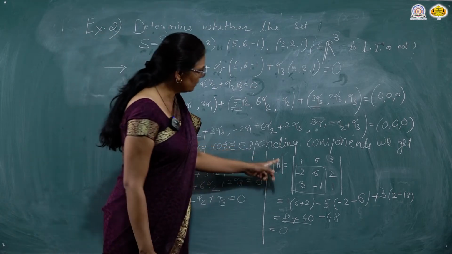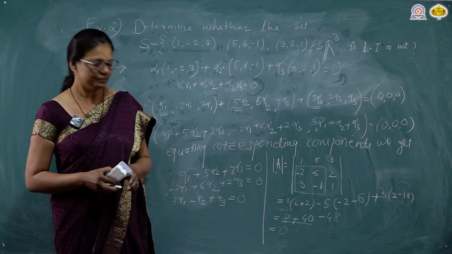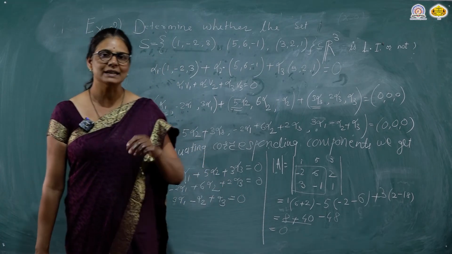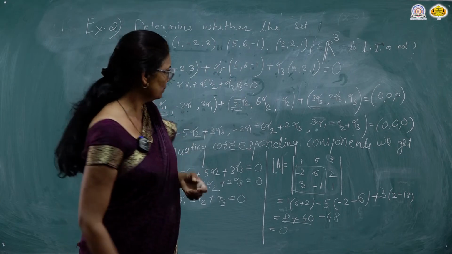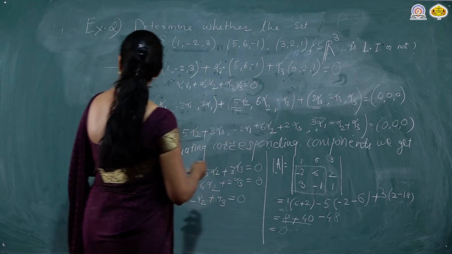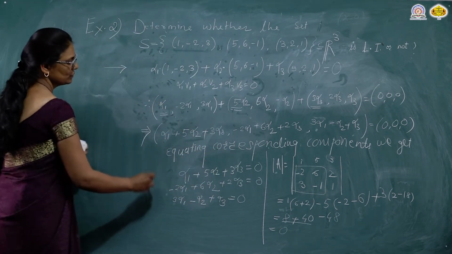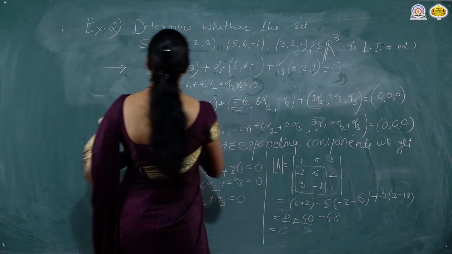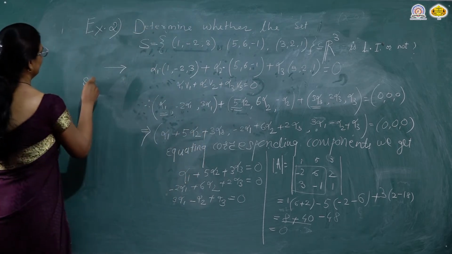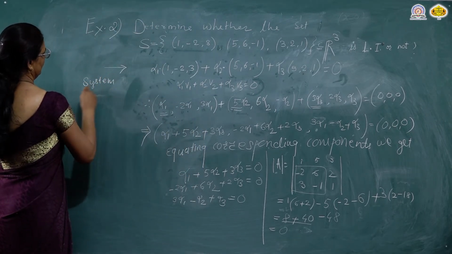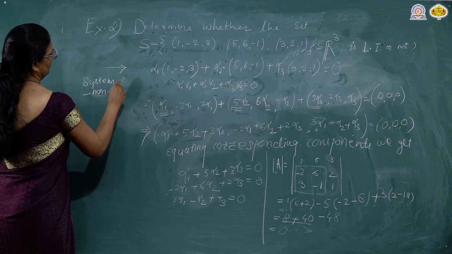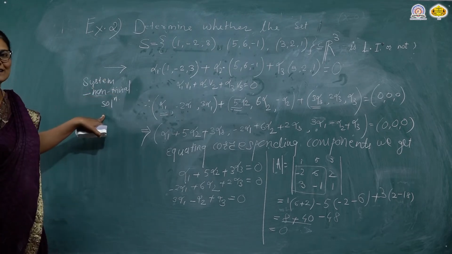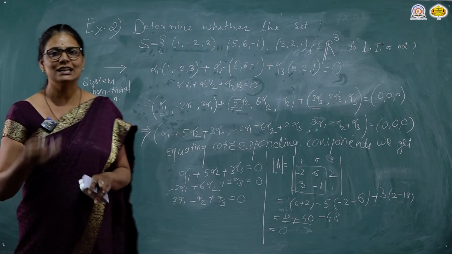And since the determinant of the coefficient matrix is 0, this says that the system has infinitely many solutions, that is, the system has a non-trivial solution. So this original system has a non-trivial solution, that is, it has a solution other than 0.